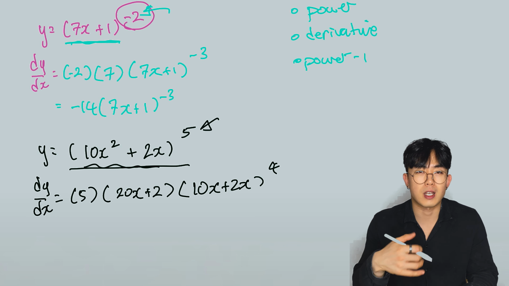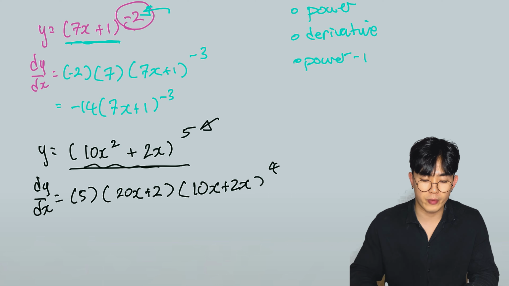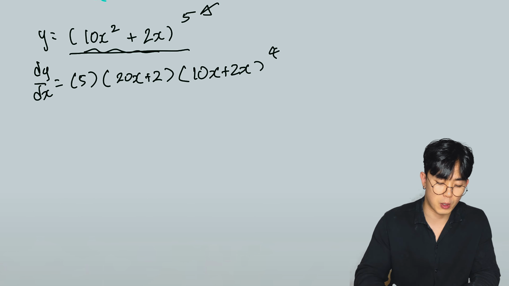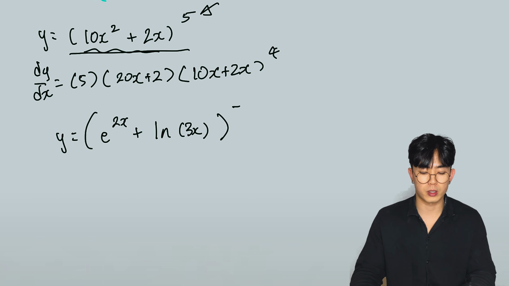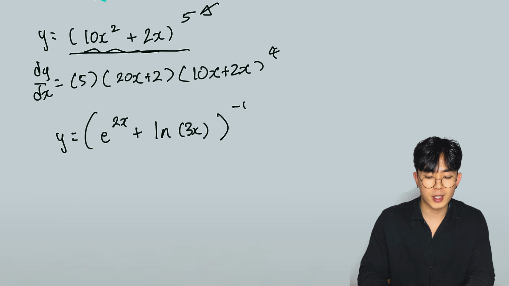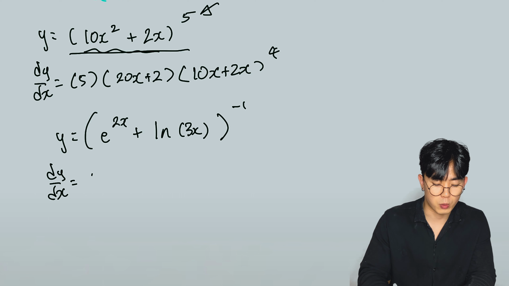This even works for exponentials and trig terms as well, because we're going to learn the trig terms later on. But if I was to use it in terms of exponential, let's say we have y is equal to (e to the 2x + ln 3x), and that's all raised to the power of minus 1. Okay. Automatically, because power, we use the chain rule. So dy/dx. First step, the power comes down, minus 1.